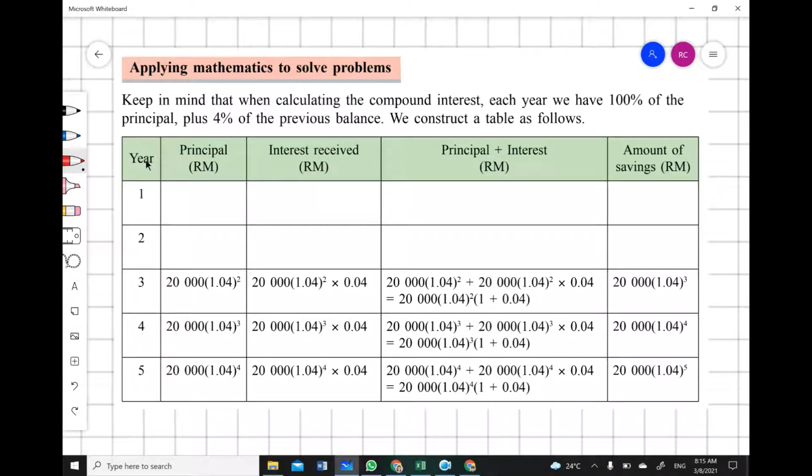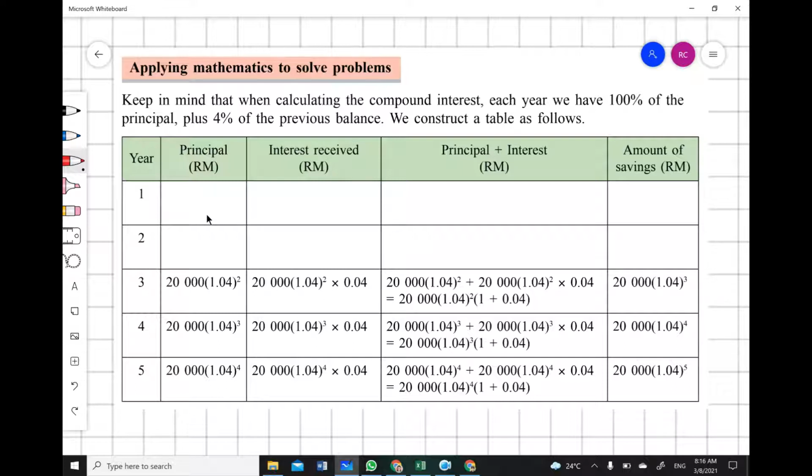Okay, so this table is divided into 5 columns. The first one is the year, followed by the principal. After that, the interest received, principal plus interest, and the amount of savings after the first year.